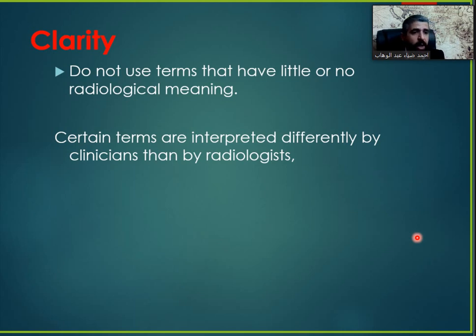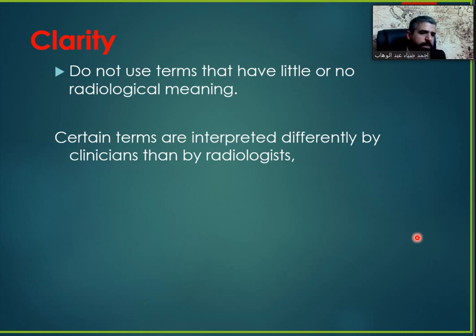Certain terms are interpreted differently by clinicians than by radiologists. For example, collection, people think of it as abscess. Okay? So don't use a fluid pocket or a fluid filled structure. It's not very obvious. So fluid collection, which may be sterile or infected, is better.